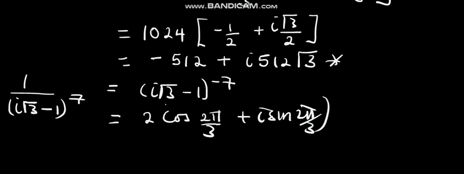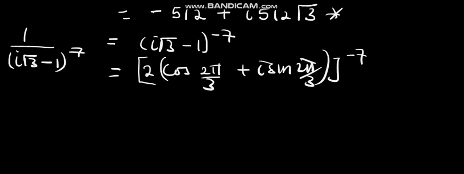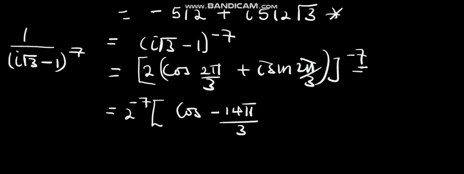Everything here is going to be power negative 7. So this one will be 2 to power negative 7. We open brackets, cos, we shall have negative 7 times 2, so it will be negative 14π out of 3, then plus i sin negative 14π out of 3.